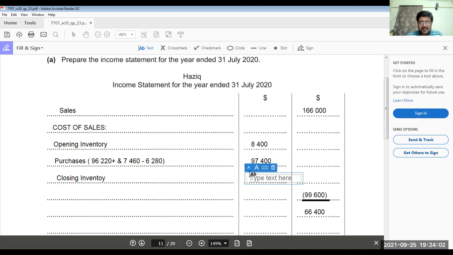What we do is deduct: 99,600 is cost of sales, minus opening inventory 8,400, minus 97,400 purchases. So the closing inventory amount would be 6,002. So we have calculated closing inventory as well.